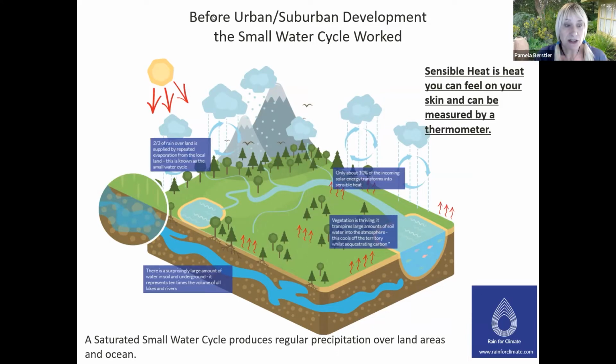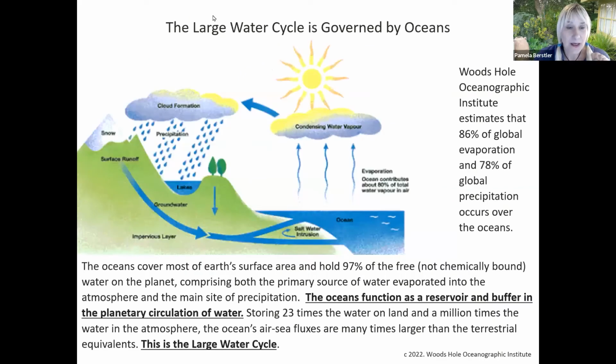Regular precipitation over land areas. There was also regular precipitation over oceans with the small water cycle over the oceans, but most importantly, regular precipitation over the land areas. And that was a great system, except what happened? We started interrupting that small water cycle by developing and getting rid of the plant material.